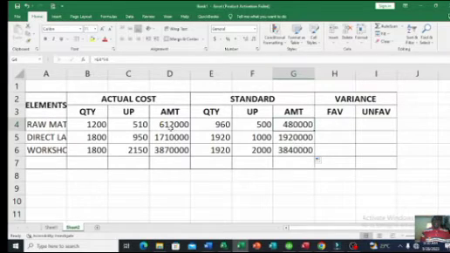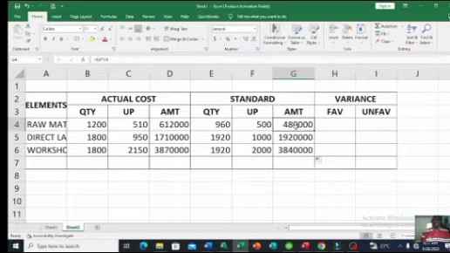But with respect to our budget, we budgeted only 480,000, meaning what we were supposed to consume is 480 units' worth with respect to the units that we produced. But we ended up consuming how many?